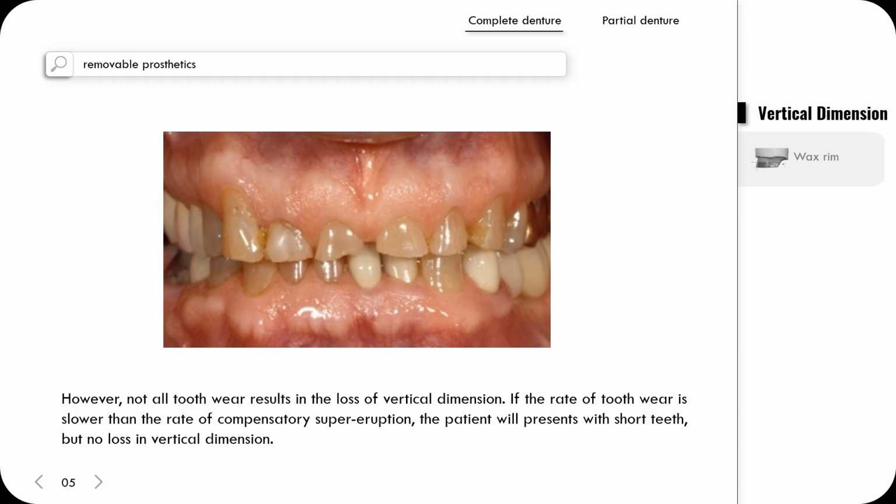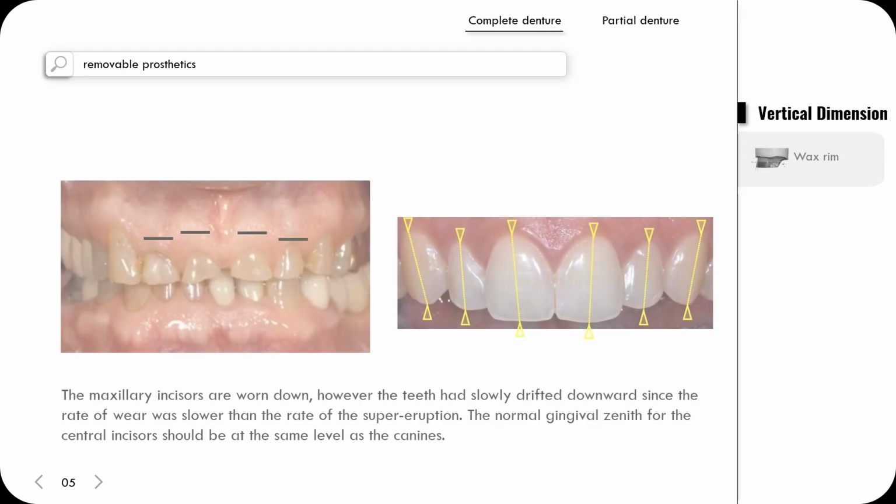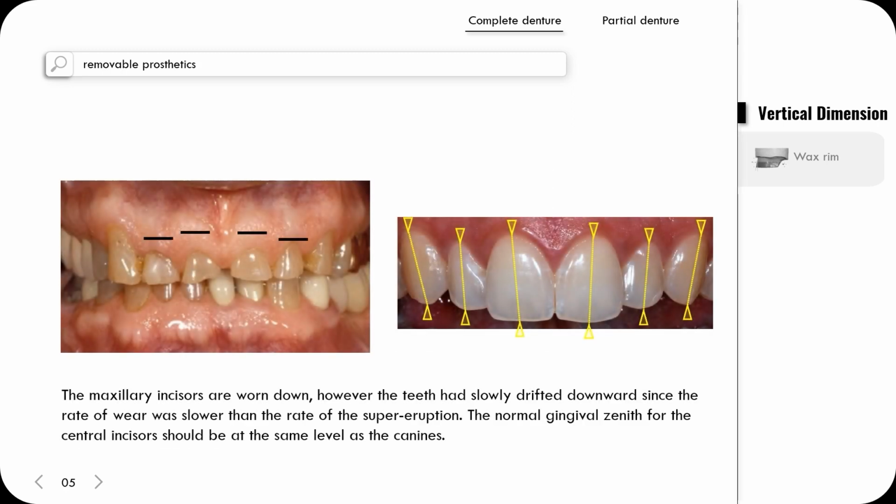And one of the dead giveaways to this supereruption is looking at the gingival zeniths of teeth. So if we go back and look at the ideal gingival zeniths of teeth, we can see that the gingival height of the canines is at about the same level as the central incisors. And then the gingival zenith for the lateral is about 1 millimeter more coronal.